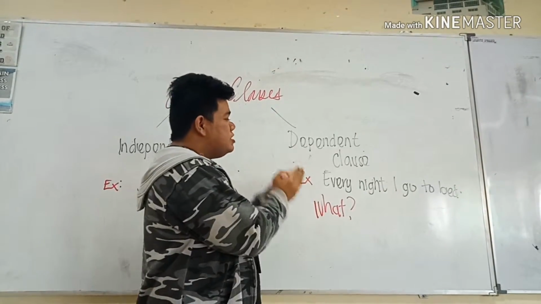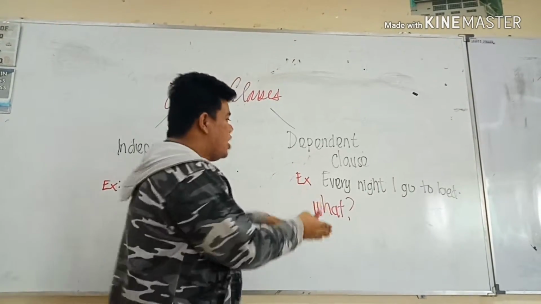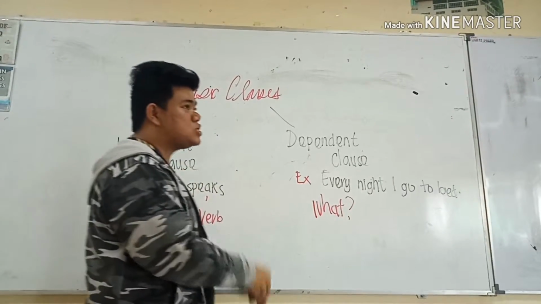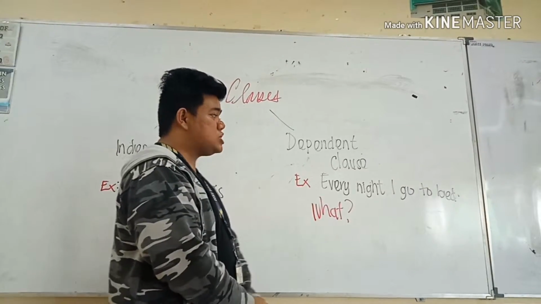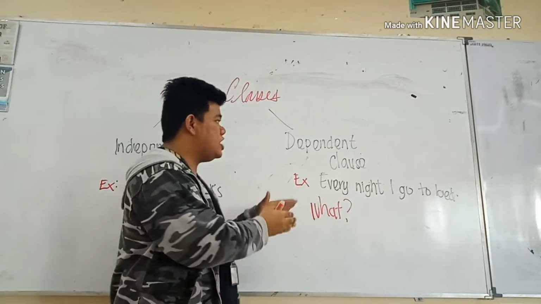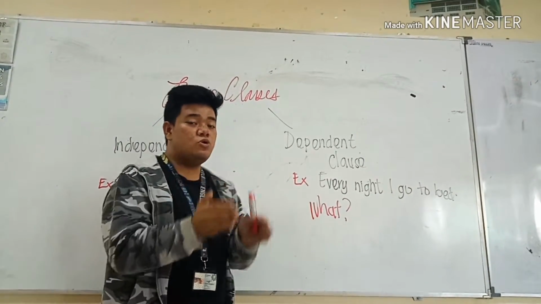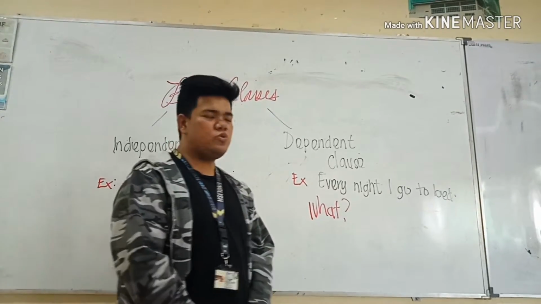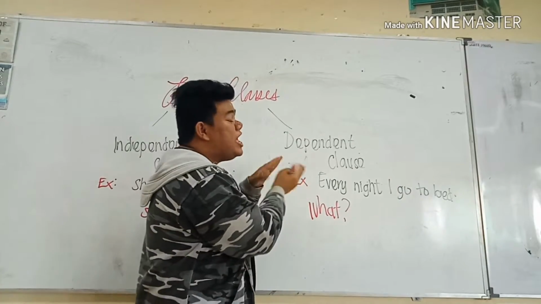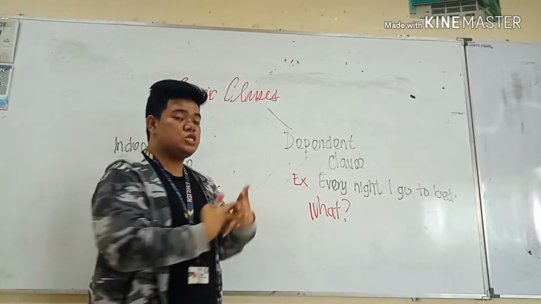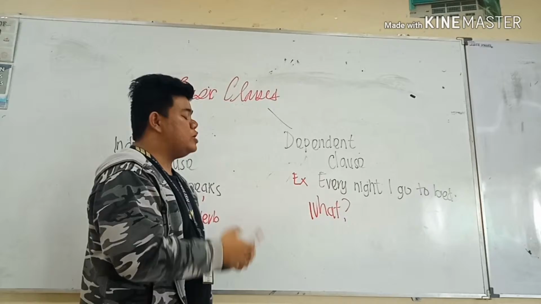To turn this dependent clause into an independent clause, we just add another group of words which can help it become an independent clause.